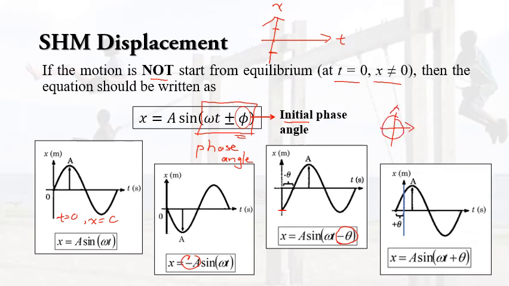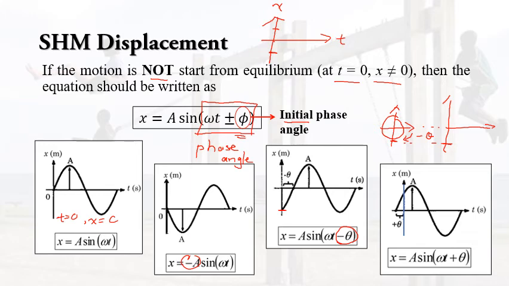When the object starts here, then we have a negative sine graph. So your object starts here, which means it is negative theta, a negative angular displacement. Therefore, in your equation, you use negative radians.